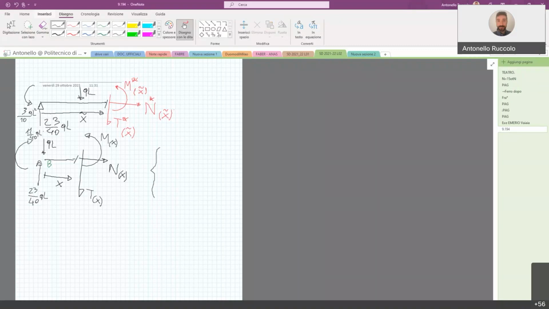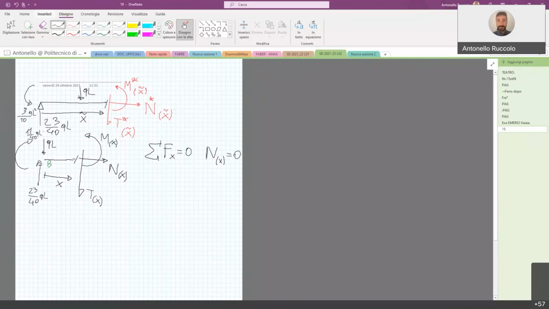And I want to show you that working in this way is much easier, because if we want to compute, we want to write something, okay? If we want to compute the shear force, okay, that's trivial. Fx is equal to 0, so nx is again equal to 0. But that was trivial.